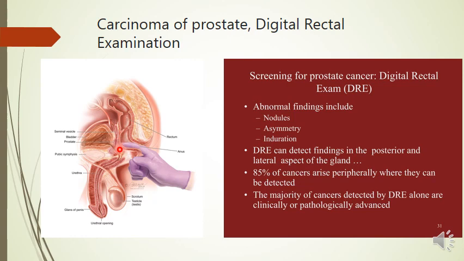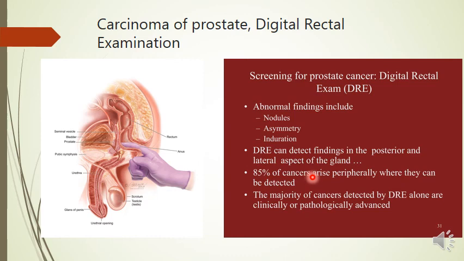The posterior surface of the prostate is palpated. Abnormal findings can be nodules, asymmetry, or induration. So DRE can detect findings in the posterior and lateral aspects of the gland, right? So posterior and lateral surfaces also can be felt through the digital rectal examination.